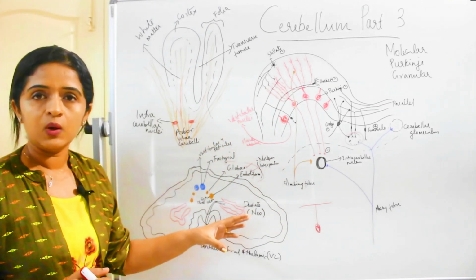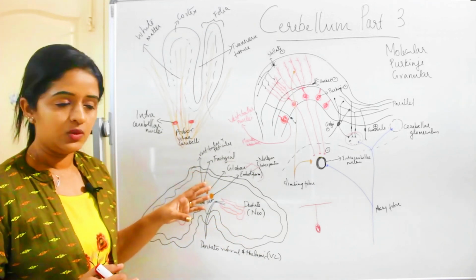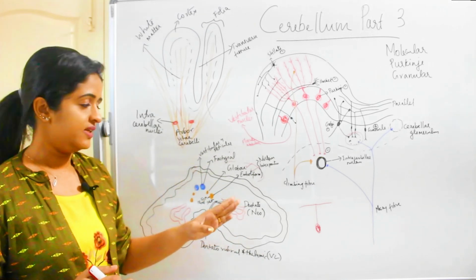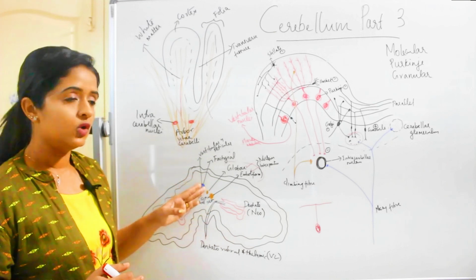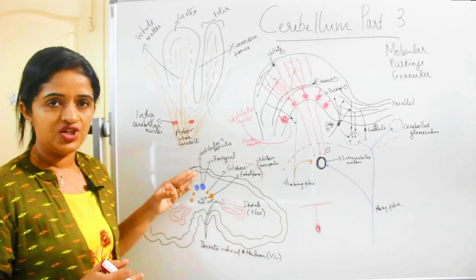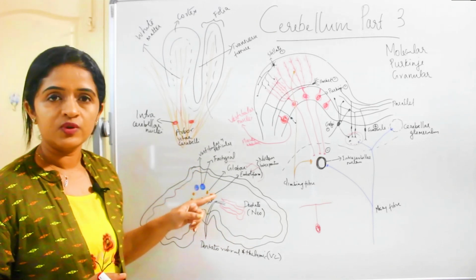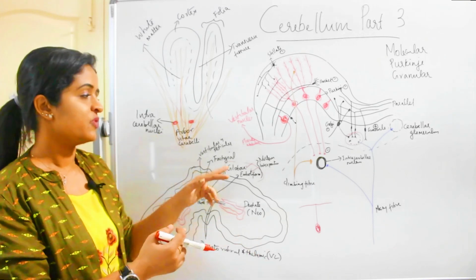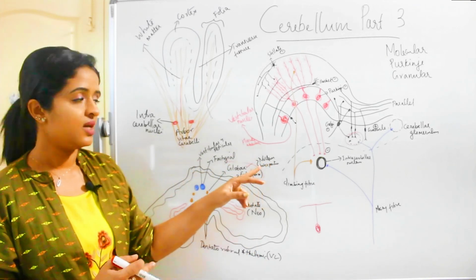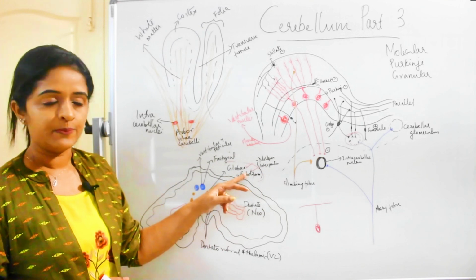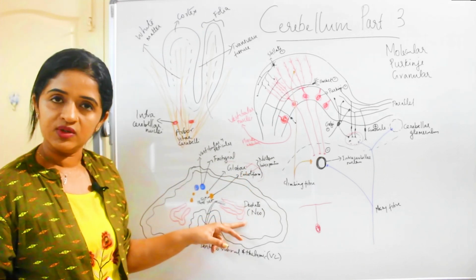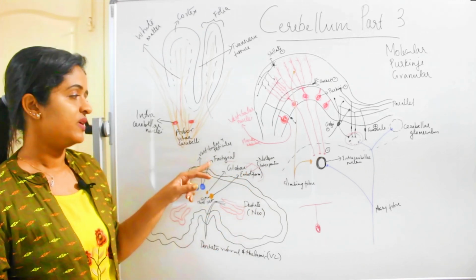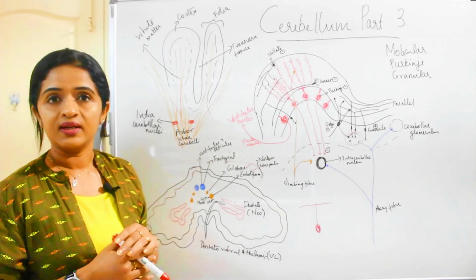From lateral to medial, the intracerebellar nuclei are the dentate, emboliform, globose and fastigial: D, E, G, F. The emboliform and globose lie between the extremes and are called the nucleus interpositus, and they belong to the paleocerebellum. The dentate nucleus belongs to the neocerebellum, and the fastigial nucleus belongs to the archicerebellum.